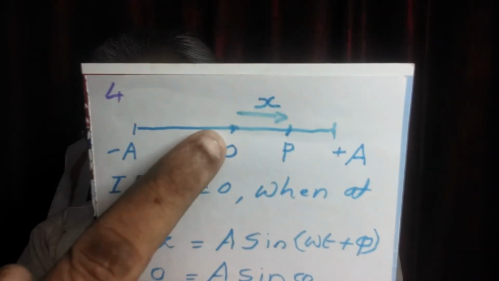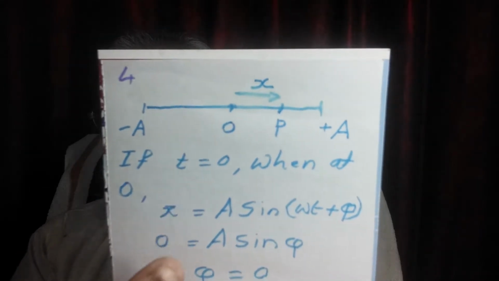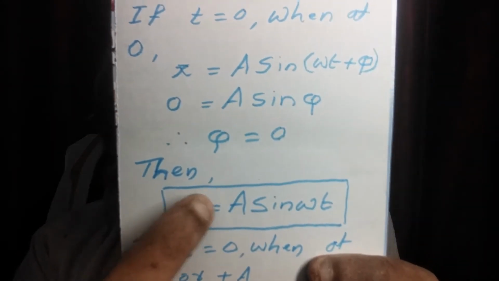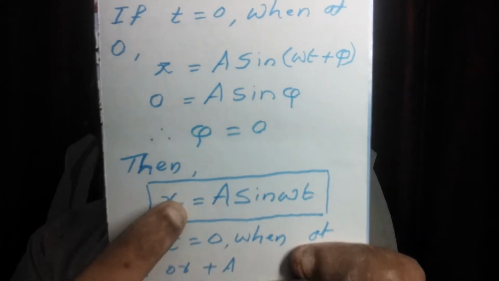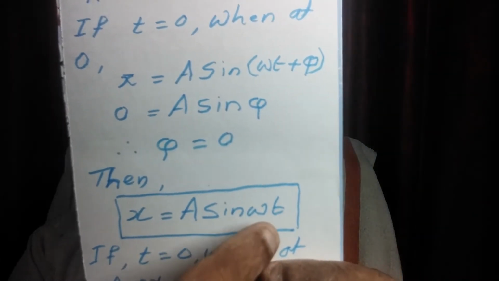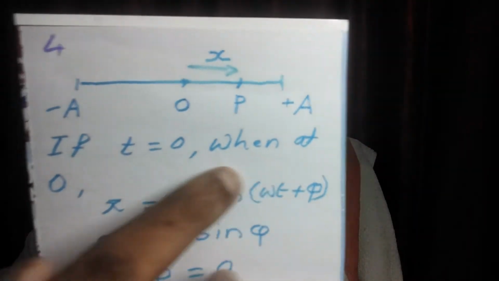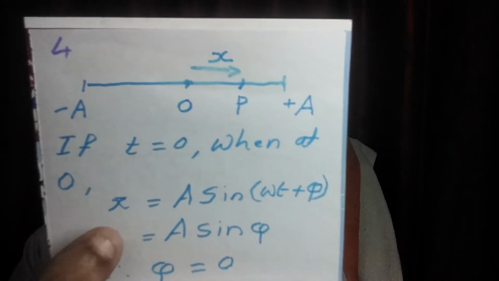That means at t equals 0, x equals 0. You put these values in the displacement equation, x equals a sine omega t plus phi. This is known as the displacement equation.